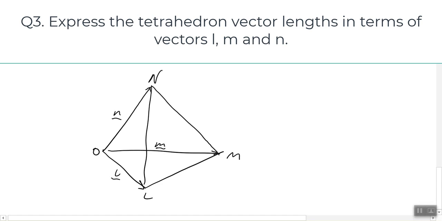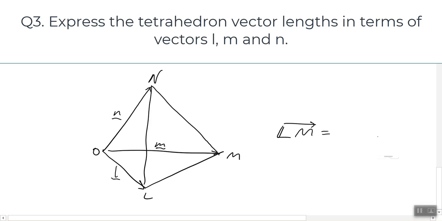Express LM in terms of l, m or n. So what is LM in terms of lowercase l, lowercase m, lowercase n? Anyone know? From L to M. So to get from L to M, we're going in the M direction and we're minusing L. We can go O to M and take OL.